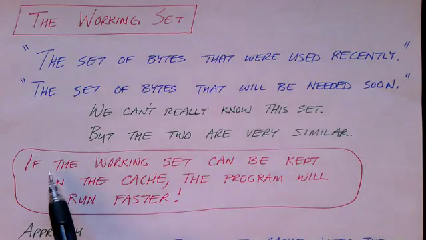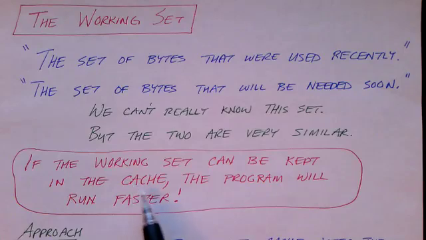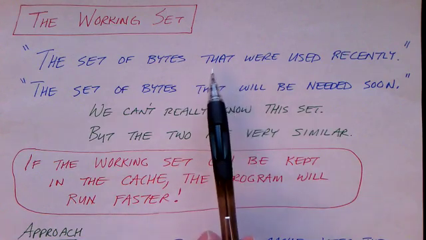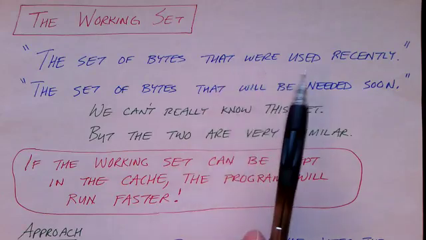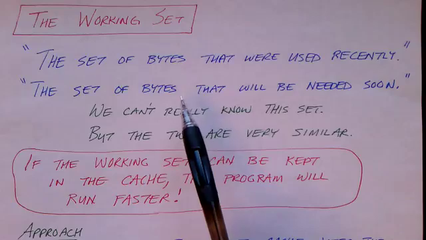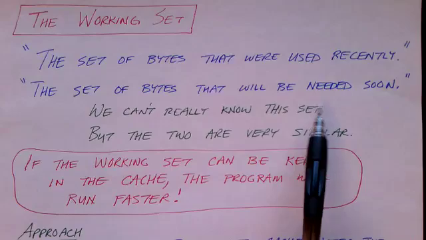So the idea behind the working set is that if the working set can be kept in the cache where access is very fast, then the program will run faster. So we try to keep the set of bytes that were used recently in the cache as well as bytes that are nearby, and that way the set of bytes that we might need soon will be in the cache already.